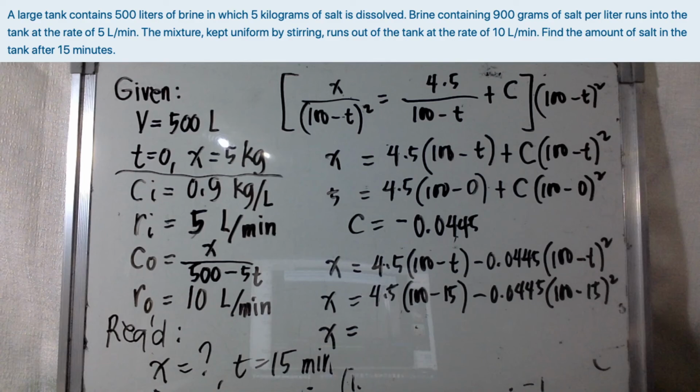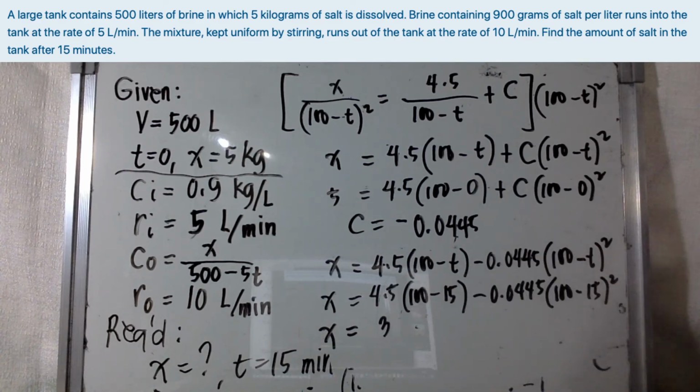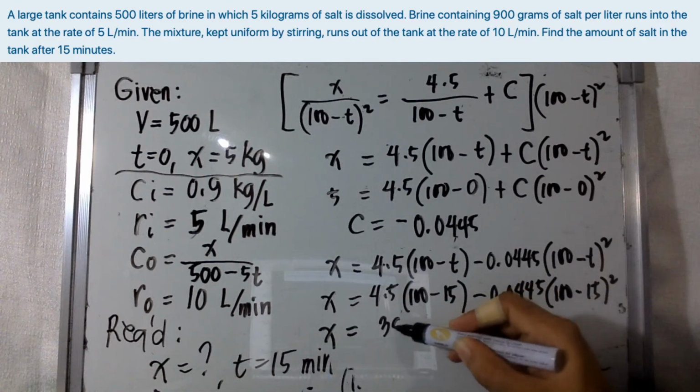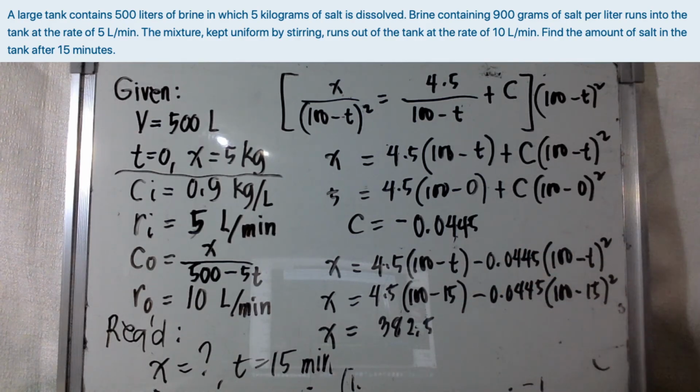In the first term, you can actually use a calculator directly, but I'm using a very old calculator, so bear with me. 382.5 is the first term, and here we have 100 minus 15 squared times 0.0445.